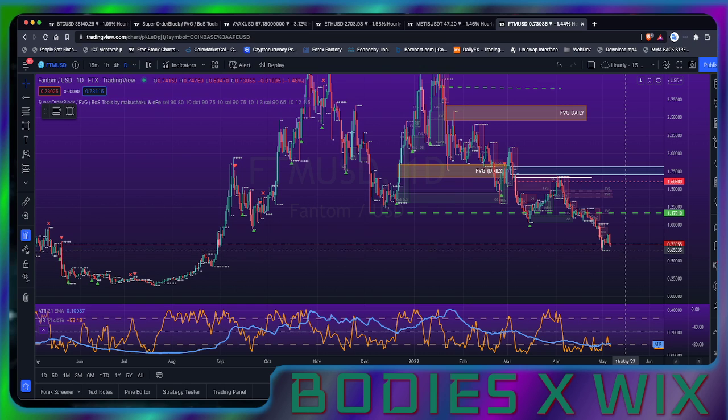It's just now getting to a daily, well, it looks like there is a tiny little fair value gap right there.